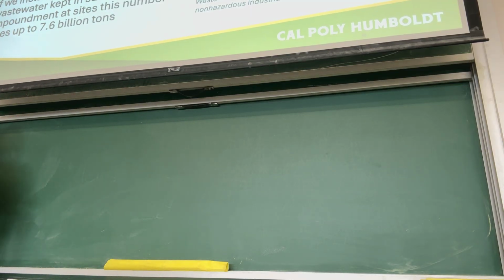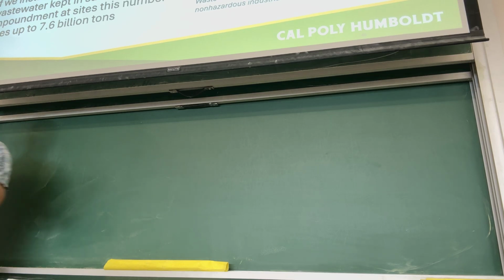But check this out. Here's a figure that attempts to get at non-hazardous industrial waste. But it's not a direct measurement maintained by the government. They keep track of municipal waste because garbage goes through municipal waste streams, but industrial waste streams are different. So this metric, in 2024, is trying to get at the different types of industrial waste based on the industries that exist to deal with that waste.